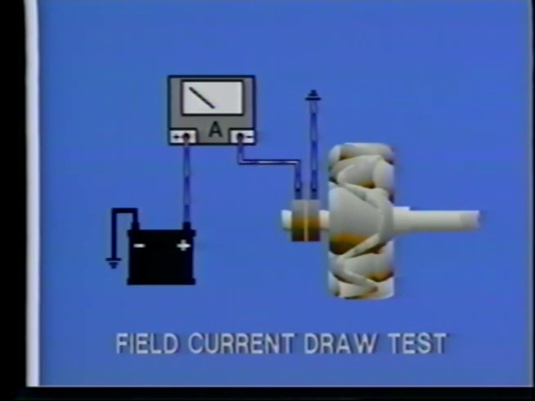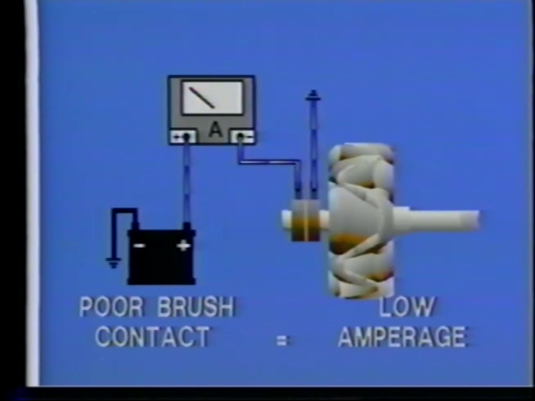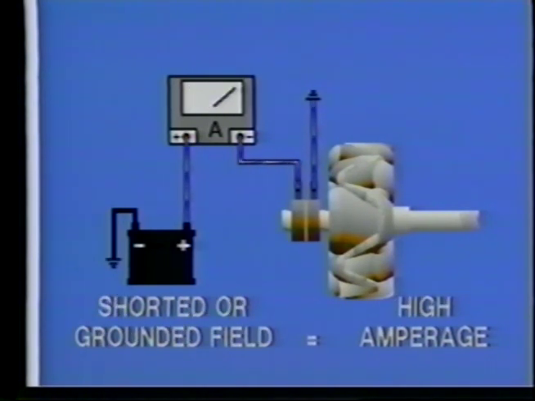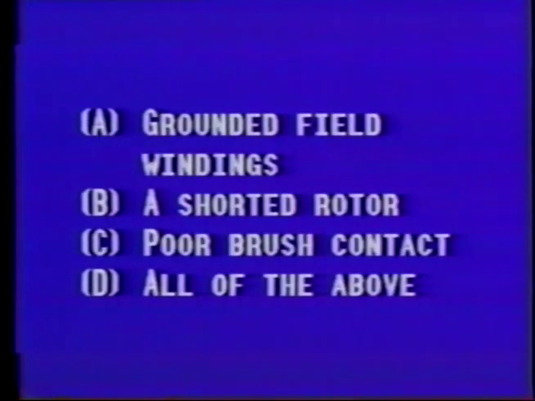Again, using our electrical circuit basics, poor brush contact or high resistance connections will show low amperage flow. High amperage flow could indicate other electrical faults, like a shorted or grounded rotor field coil. So the correct answer for the question is response D, all of the above.